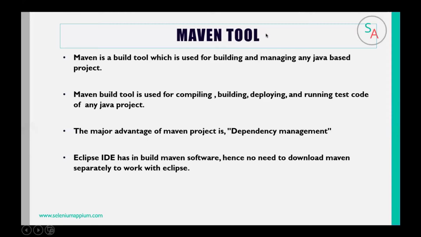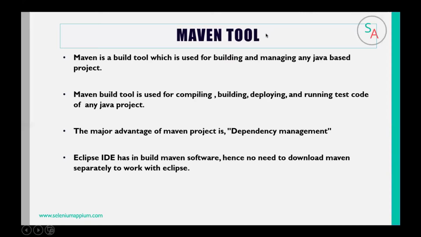For example, if you create a Java project for Selenium, in that case, you need to download the Selenium jars and add all these Selenium jars to your project build path.